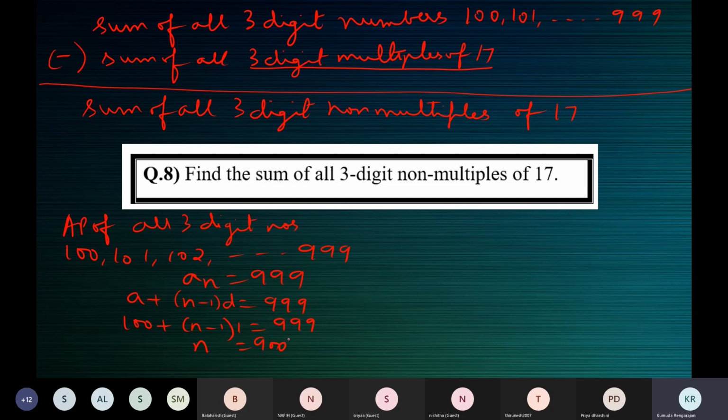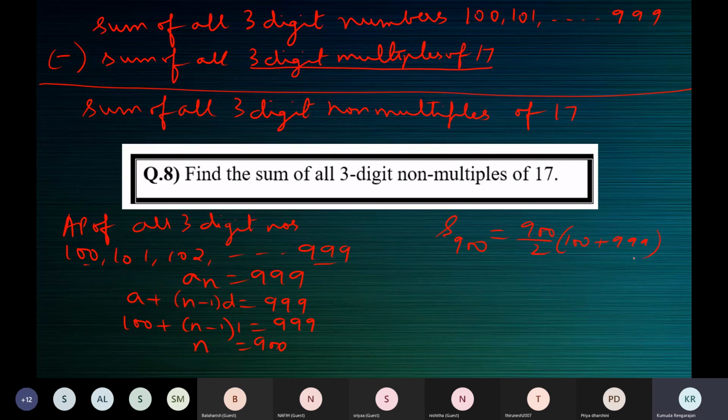Now, once you get the value of n, you should find Sn, the sum to 900 terms. From here to here, there are 900 terms. So S900 is equal to n by 2 of the first term plus the last term, that is 900 by 2 of the first term plus the last term.